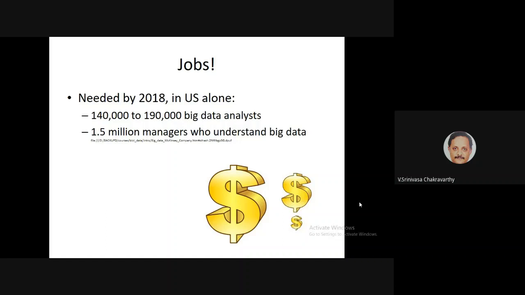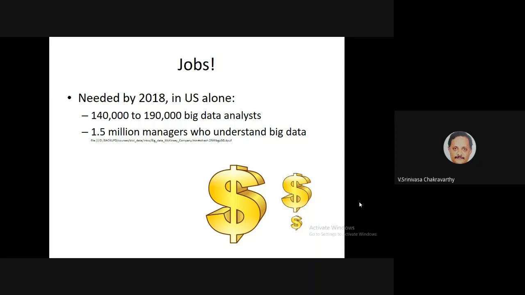Naturally, when a phenomenon is so big, so widespread and global, there's likely to be lots of jobs. That's the reason there is, even in IIT, a whole explosion of courses in data analytics, machine learning, reinforcement learning, deep learning. Every department has some kind of data analytics course these days, because there are lots of jobs in this field.